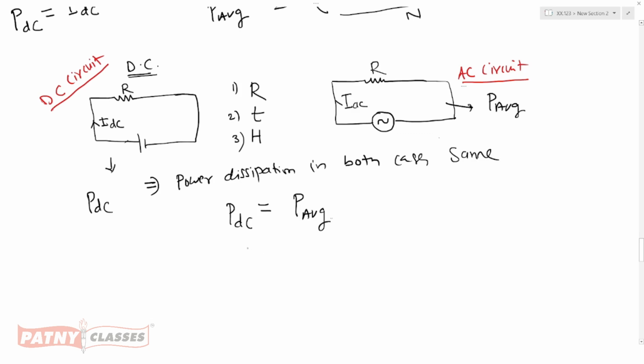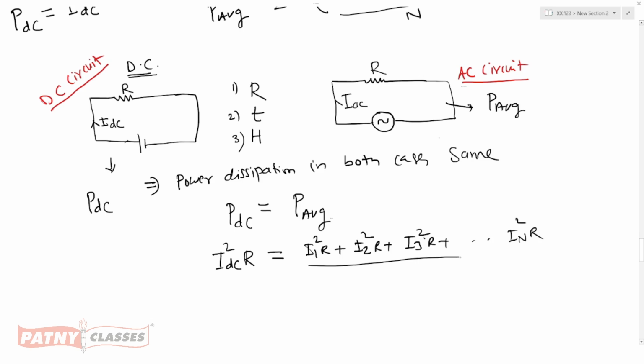So power in DC circuit is nothing but I square DC multiplied by R, and average power in AC circuit is given by I1 square R plus I2 square R plus I3 square R and so on IN square R divided by number of division, that is N.